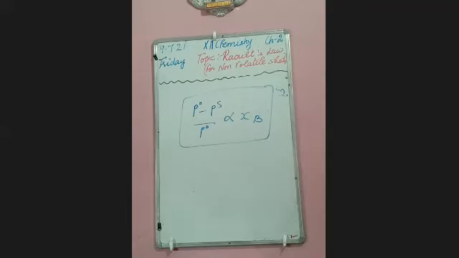Now, what are the dissimilarities? They are dissimilar in the form of their proportionality constant. In Raoult's law, it is equal to the vapor pressure of pure component, while in Henry's law, it is equal to KH. So in that way they differ from each other.